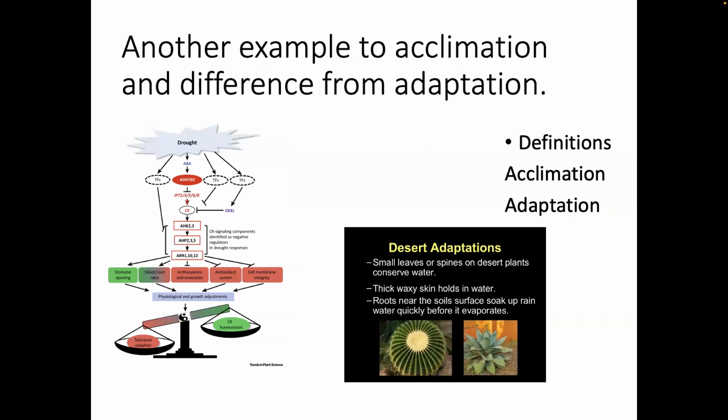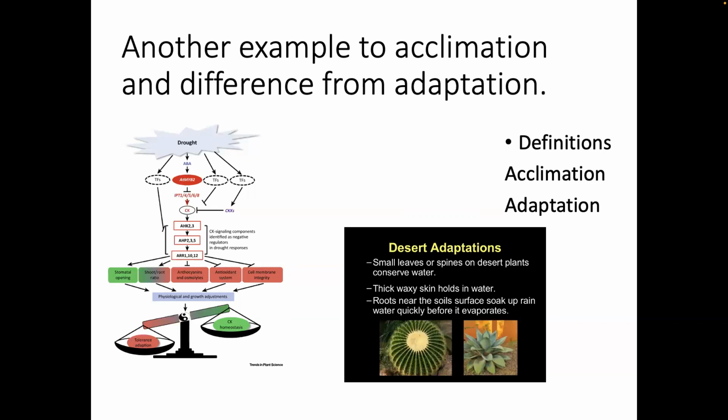Another example is from drought stress. So this is the molecular biology of the acclimation to drought stress. Normally, under drought, all these things happen. The transcription factors are upregulated, and then the antioxidant system, cell membrane integrity, shoot-root ratio, stomatal opening, they all change.